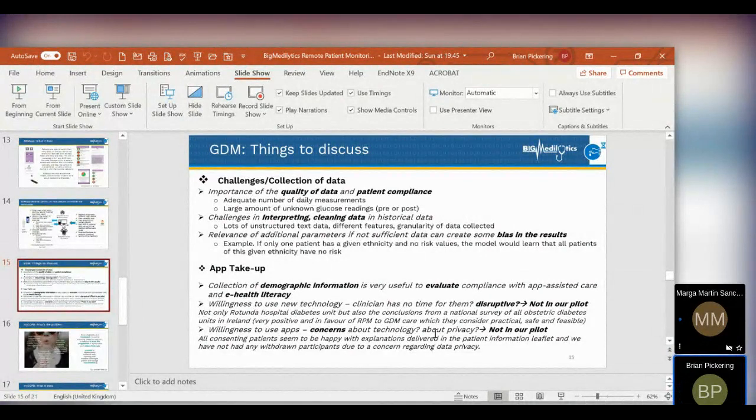From GDM, what we initially thought at the beginning of the study 3 or 3.5 years ago was that it maybe would be problematic for the clinicians to adopt this new technology. In the end, after interacting and continuous communication with them and explaining how everything works and that there are no security concerns in general, it was easier than expected.